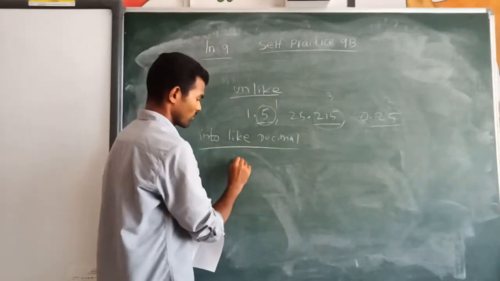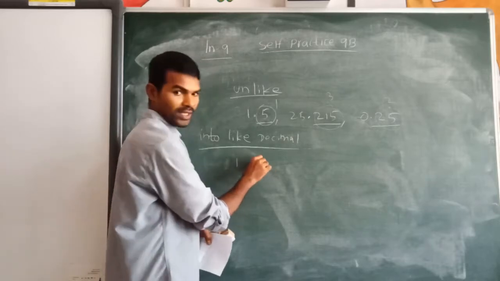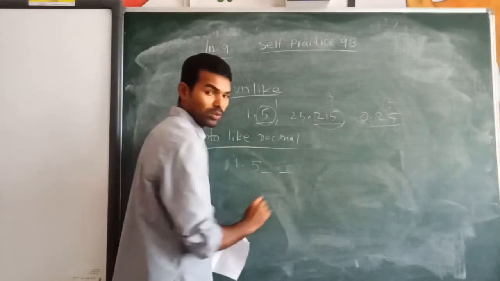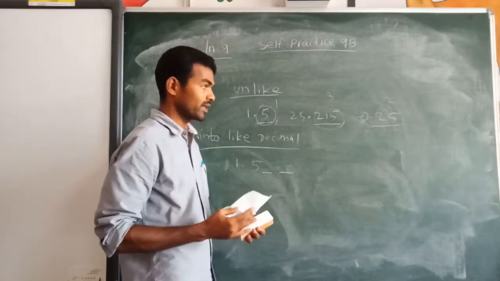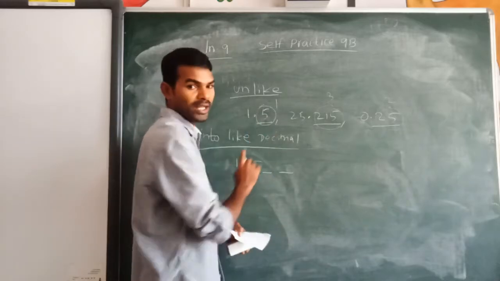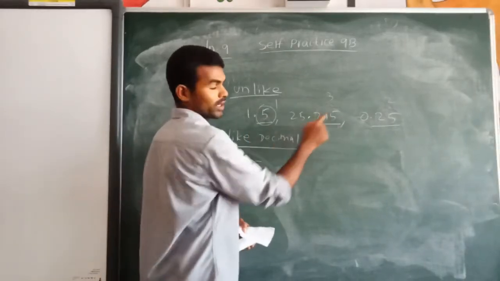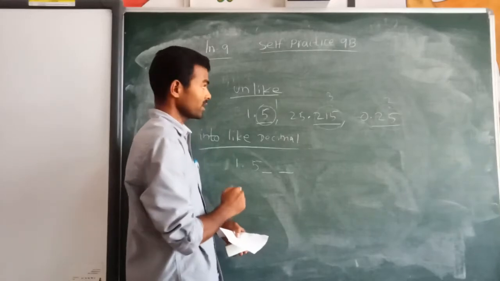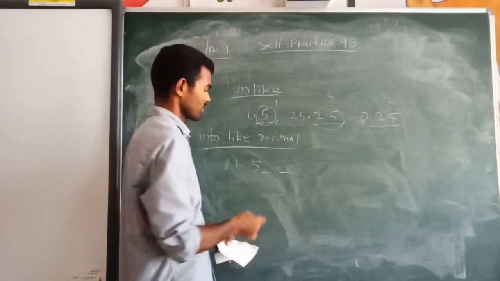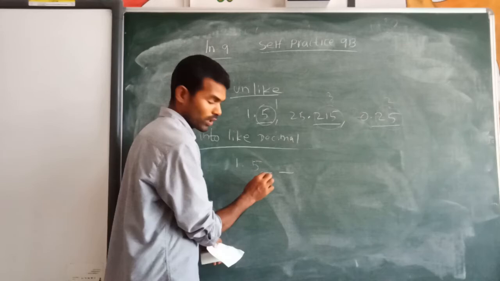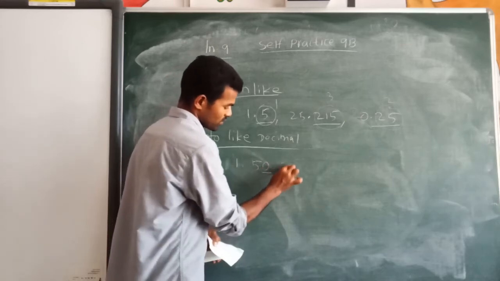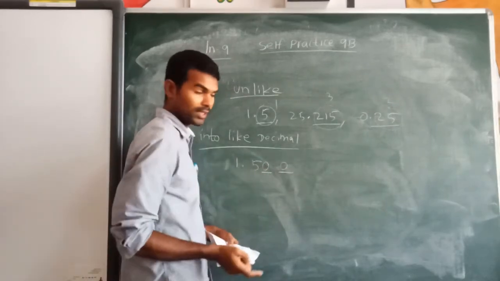The number 1.5: after 5, write 2 more zeros. We need to make 3 numbers after the point. See now, 1, 2, 3. We are converting unlike into like. So take 0, 0. See now 1, 2, 3. Got it?